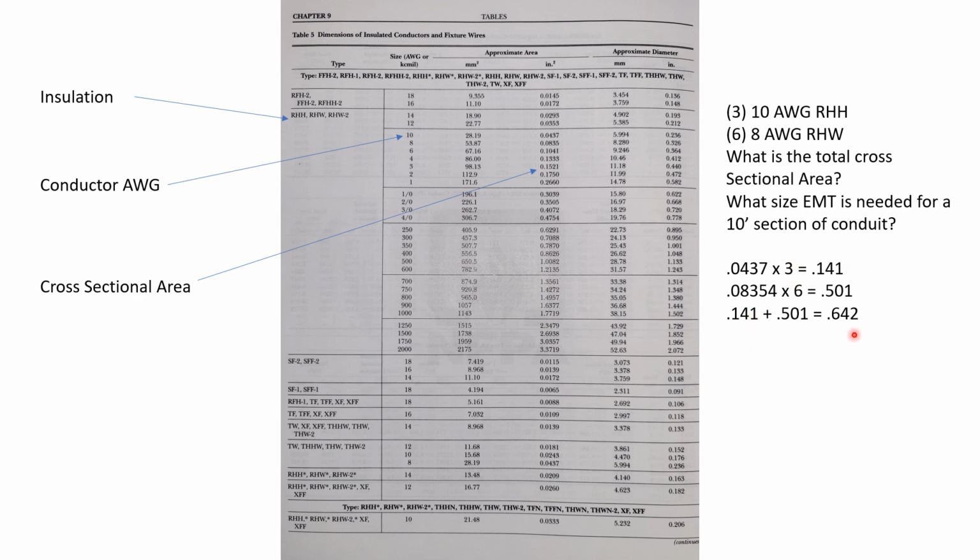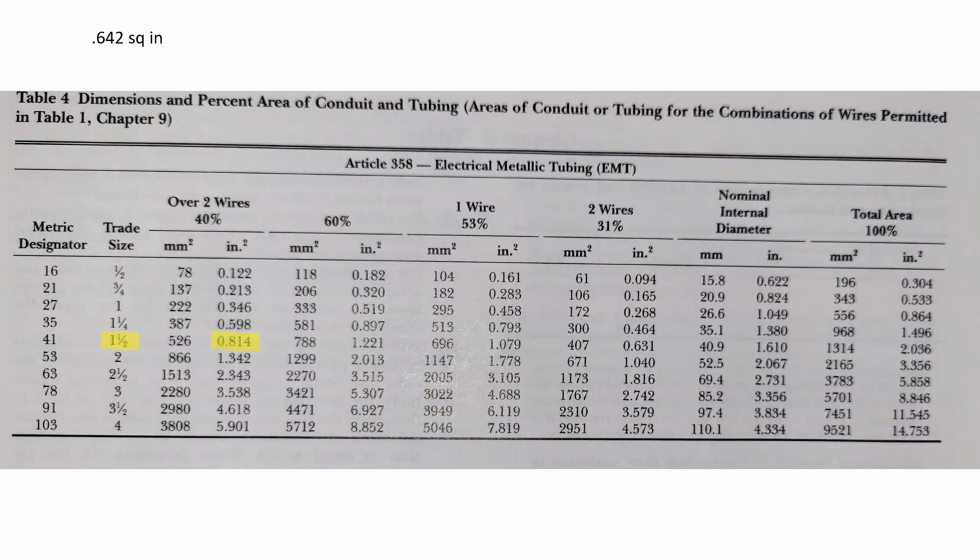We add those two together, and our total cross-sectional area is 0.642 square inches. Then we take our 0.642 square inches back to Table 4 and find EMT.